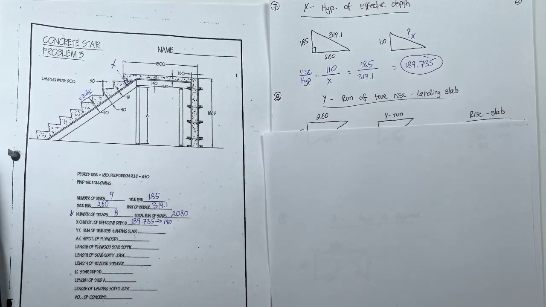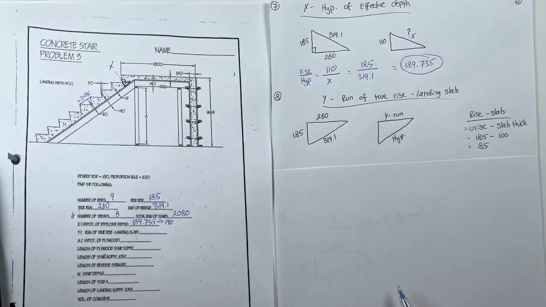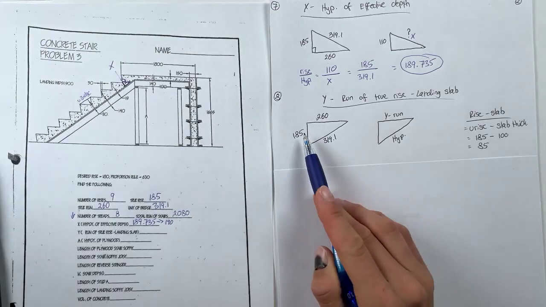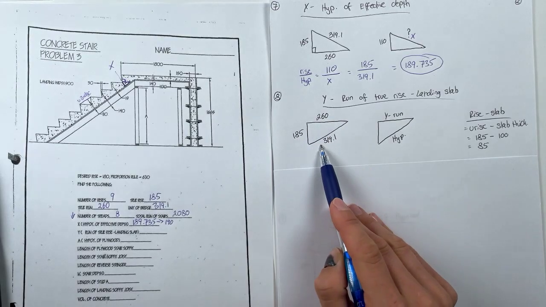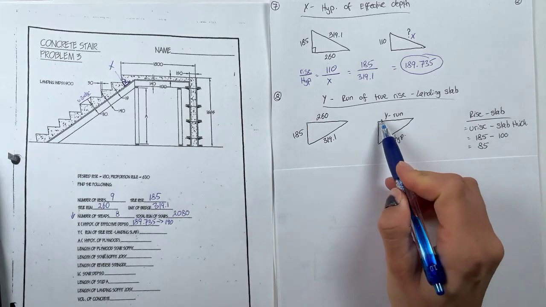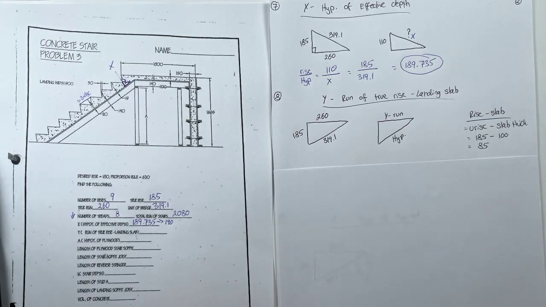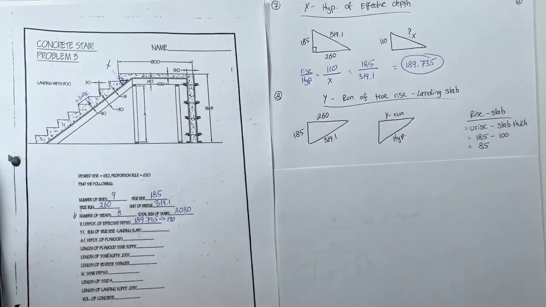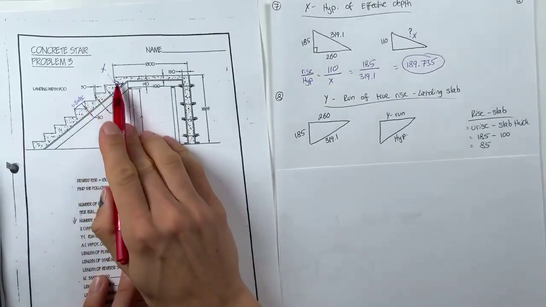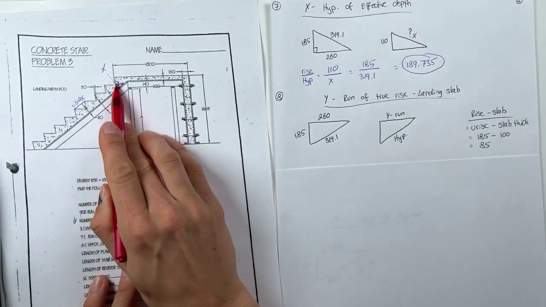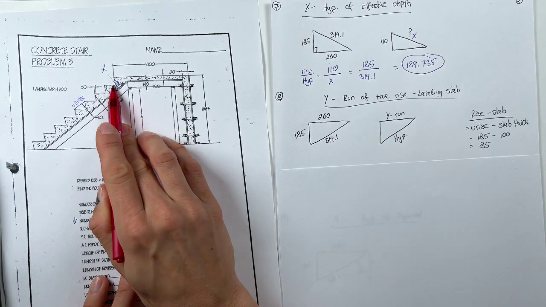So for this, we get to draw another triangle. I'll show you this, and then I'll show you where that pops up here. So again, we have the same triangle as before. We have our unit rise, we have our unit run, and we have our unit of bridge. We're trying to find a unit run, which we call y. And what we're trying to find it of, I'll draw it in red up here, is if you imagine from here to the top of the slab, that is our entire unit rise.